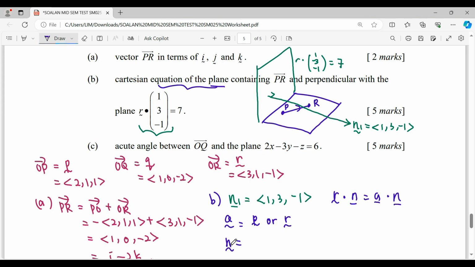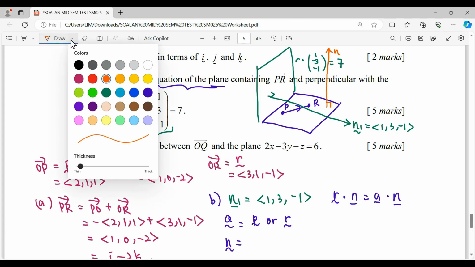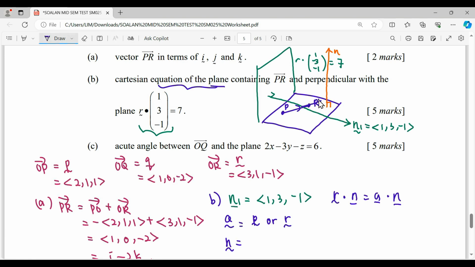Then we need to find the normal. The normal here will be the vector coming up perpendicularly from this surface. So how do we get this normal vector direction? As you can see, we have two vectors crossing each other: one is vector PR, one is the vector normal.